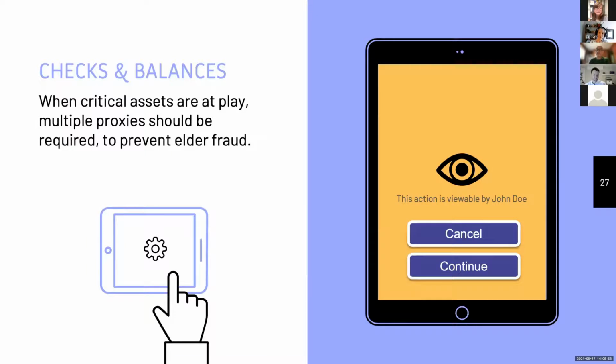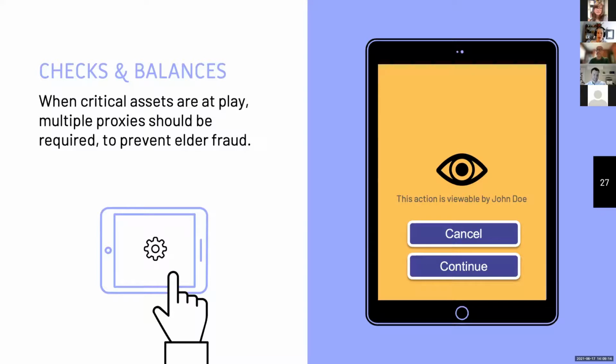And finally, if we're dealing with something like critical assets, like a bank account, it may be important that if we're setting up one proxy, we actually set up two, so that there's a series of checks and balances, a system of watchdogs.